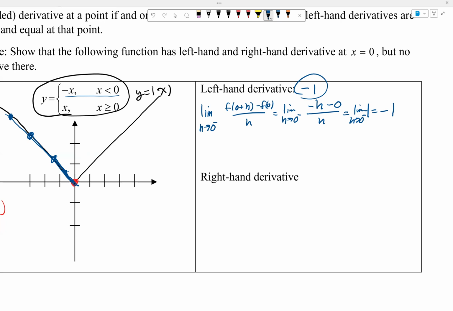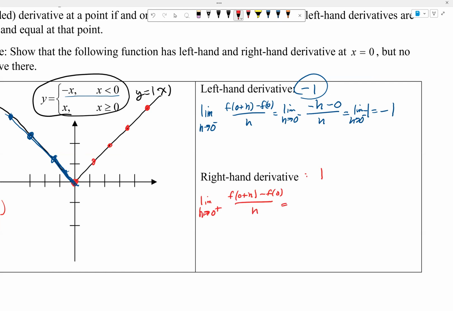What happens when we approach from the right-hand side? Well, what's the slope between those two red points? That looks like 1. Does it matter if I get closer? No. It looks like the right-hand derivative is positive 1. What does that look like in symbols? The limit as h approaches 0 from the positive side of f of 0 plus h minus f of 0 all over h.